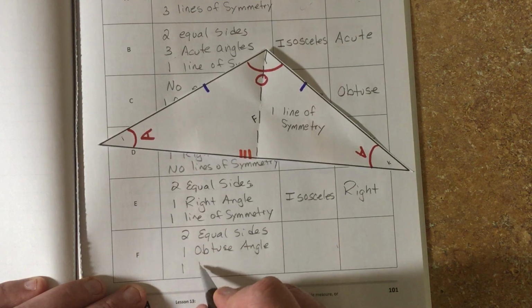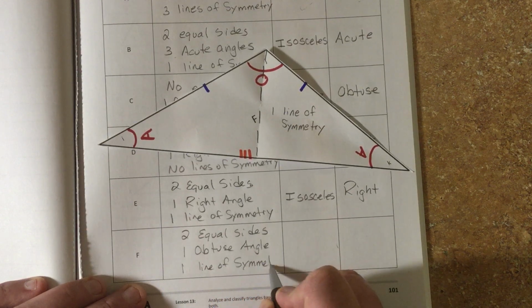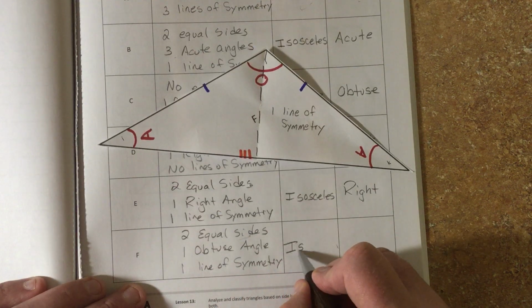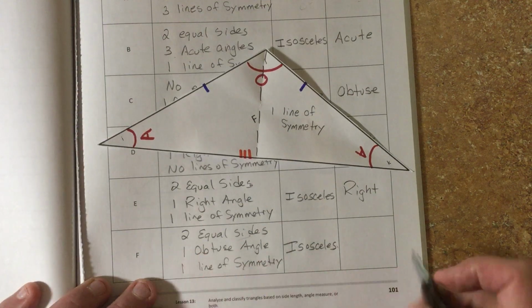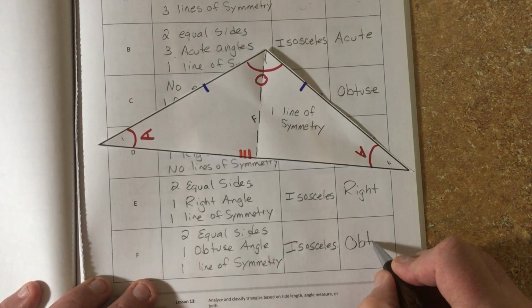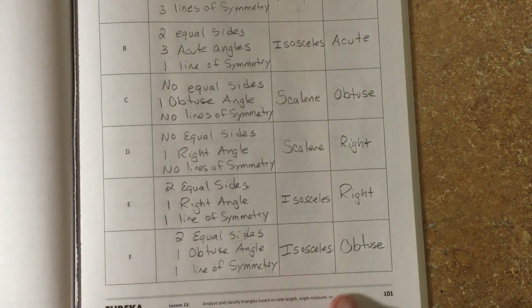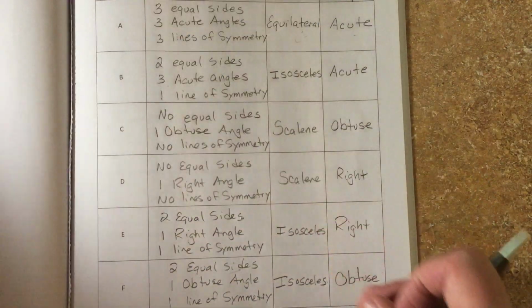And we have one line of symmetry. So because we have two equal sides, it's isosceles. Because we have the obtuse angle, it is obtuse. And now we have our fancy name for this one, isosceles obtuse triangle.